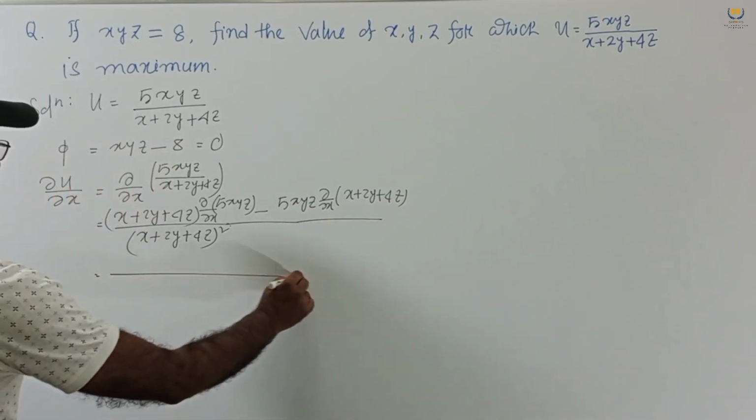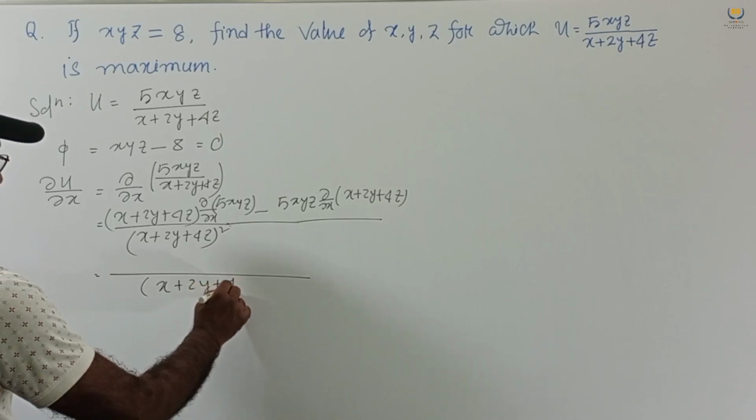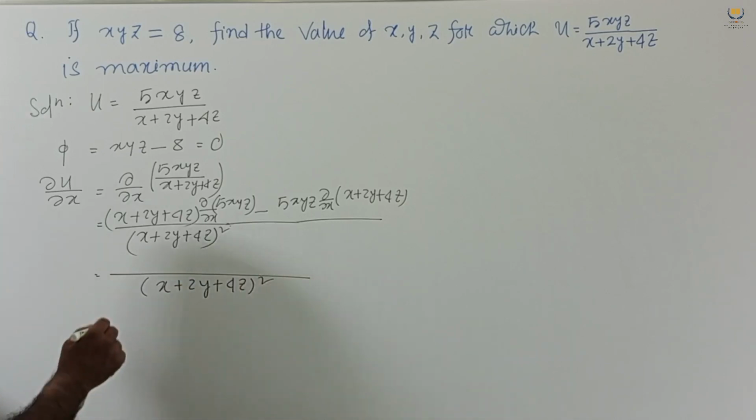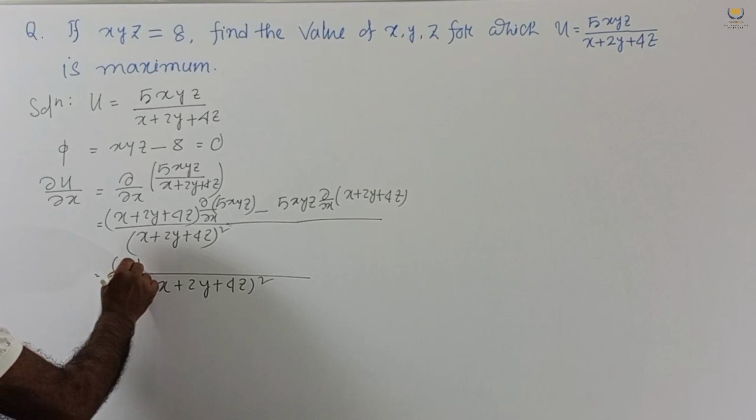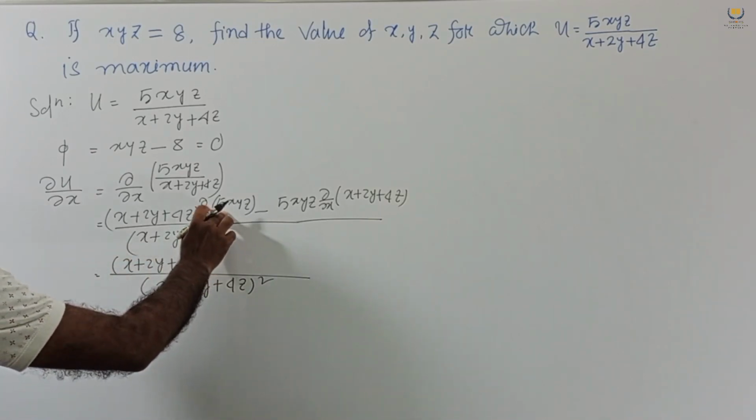Now the denominator x plus twice y plus 4z whole square remains the same.